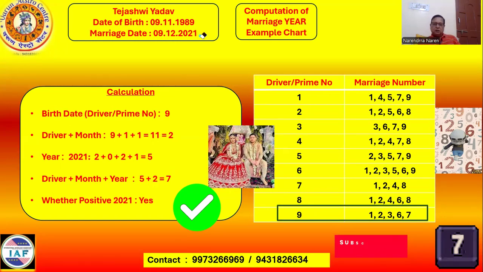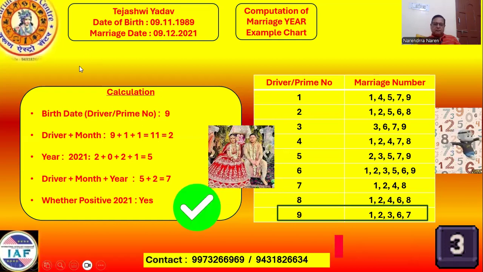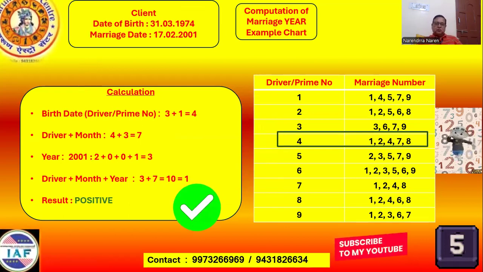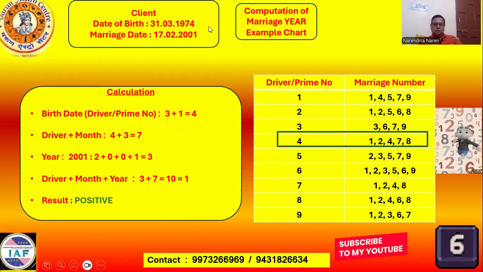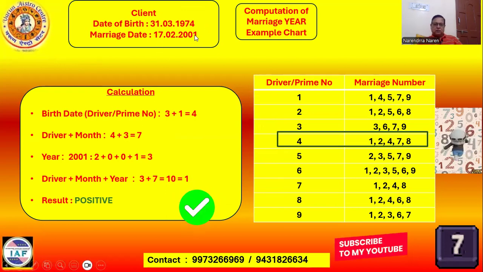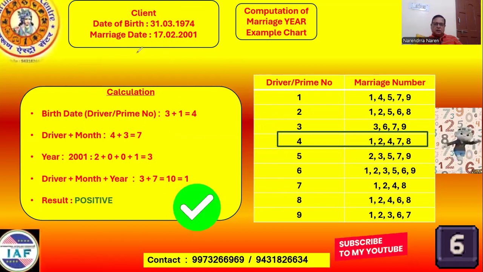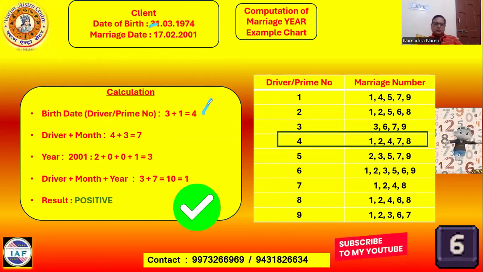Now take another chart. Now I'm taking a few charts of clients who were coming to me. This one client was born on 31st March 1974. His marriage date is in 2001, and the birth date total is giving 4. Here it comes 4. Then 4 plus 3 is equal to 7, because when we are adding together month and date of birth, we are getting 7. The year 2001 is giving 3.